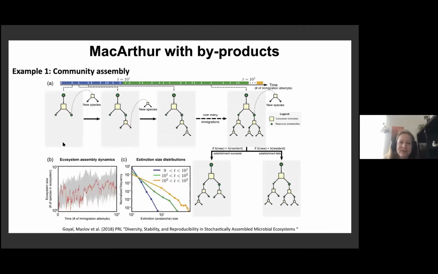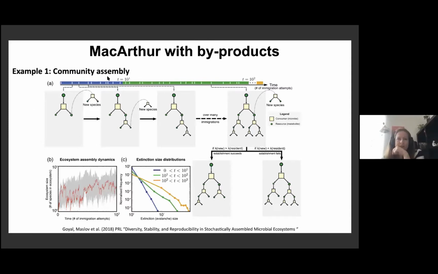So that was actually a paper from our lab from a couple of years ago, when we tried to see how this trophic chain of microbes establishes when you have this assumption that each microbe has one primary resource it can consume, and then it just generates a couple of byproducts.